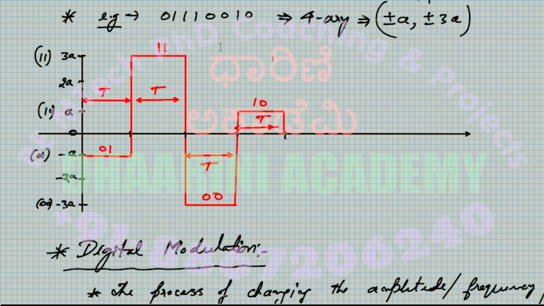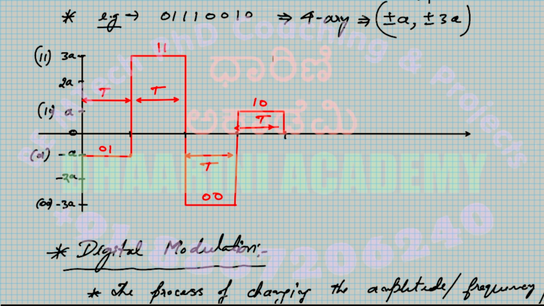Starting from the lowest number, you start giving the levels like this. You can see here minus 3a, I have written 0 0 near that. In the sense, if I get a 0 0, that will be the level. Then 0 1 for minus a, 1 0 for a, 1 1 for 3a. So my first symbol is 0 1, which corresponds to minus a.